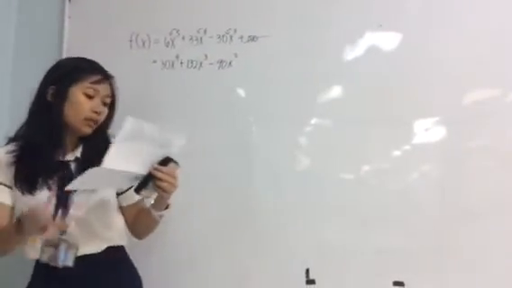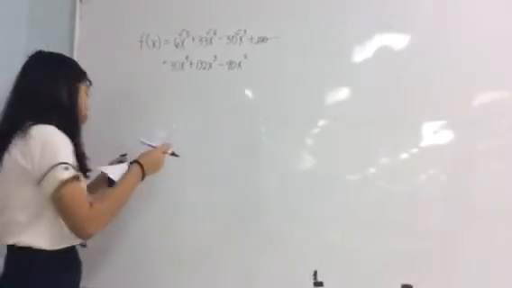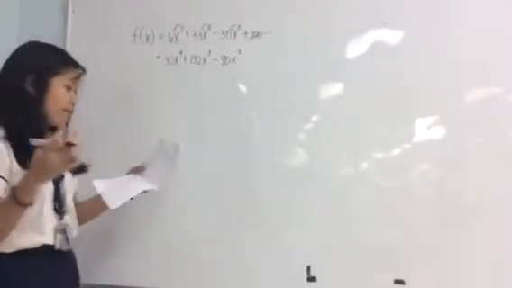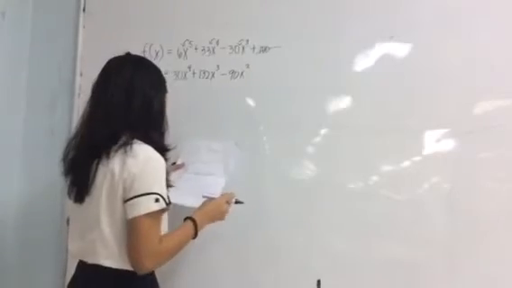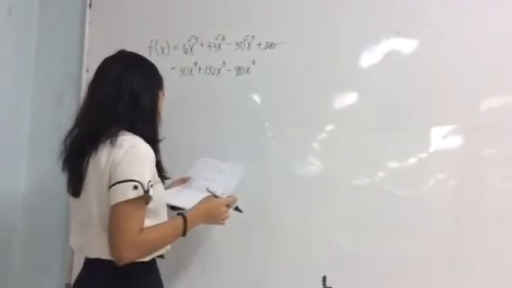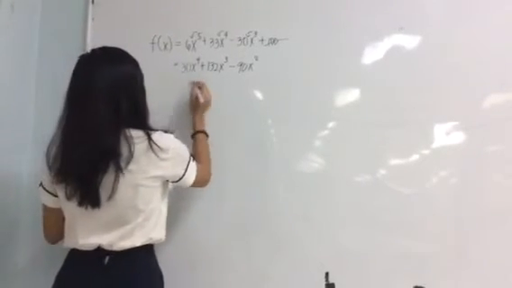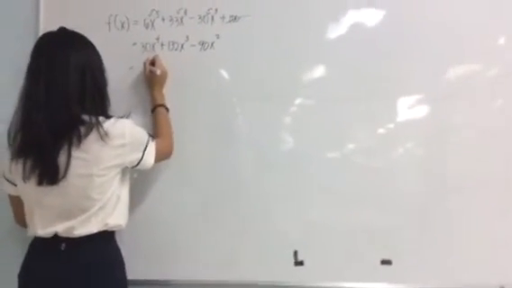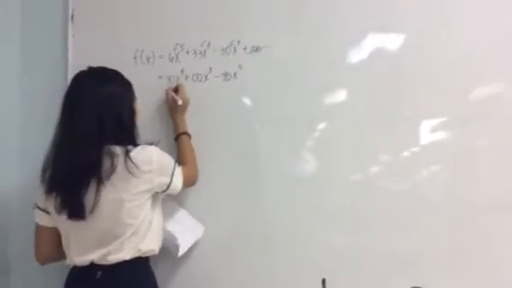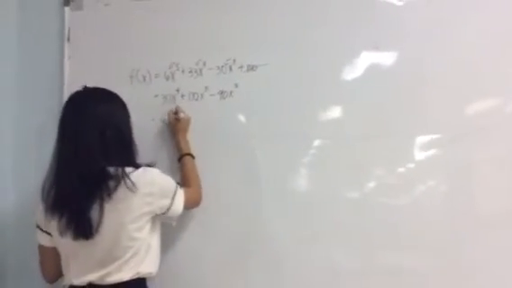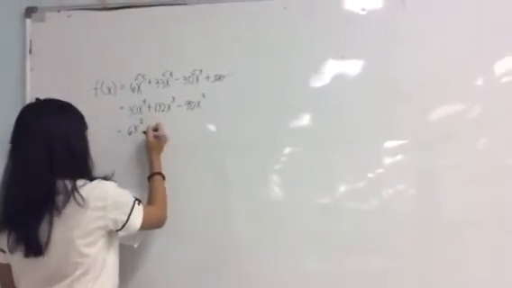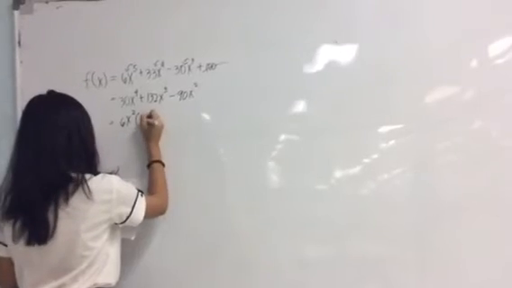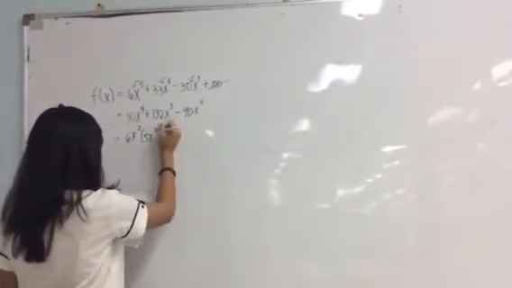Next, we have to find the GCF of the given function. So the GCF of 30 is 6x squared, or 5x squared.